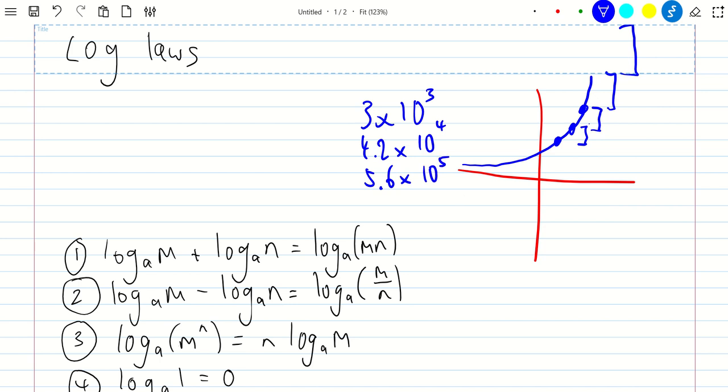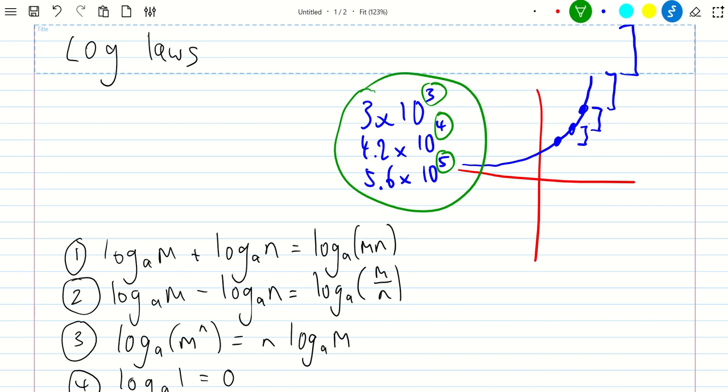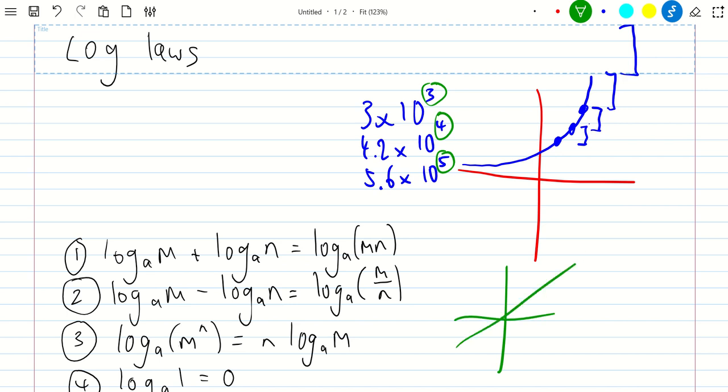What happens is that it's actually easier to keep track of the powers rather than keeping track of the whole number itself. And so if we just consider the powers, then the graph of it actually becomes linear. So it's easier to watch what's happening between the powers to give you an idea of the magnitude of the number rather than the whole physical number. I hope that makes sense a little bit.